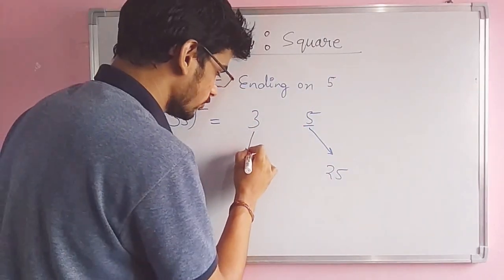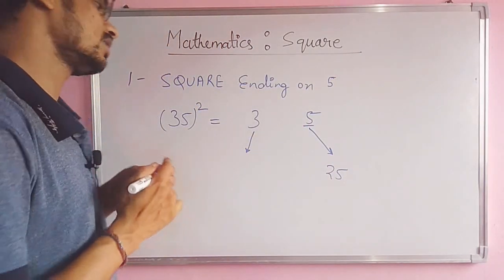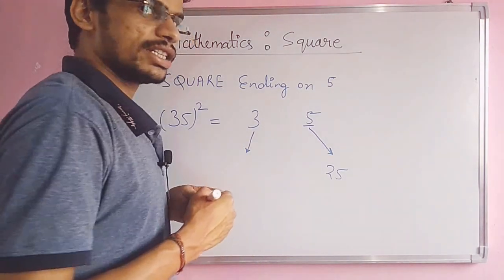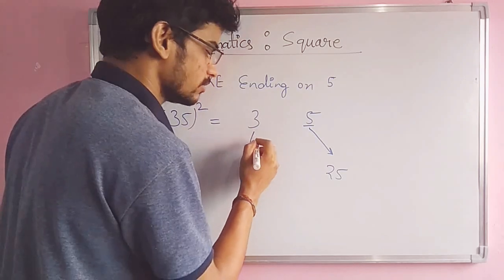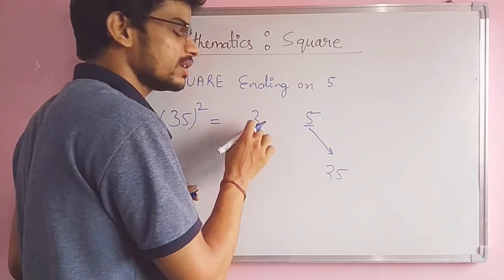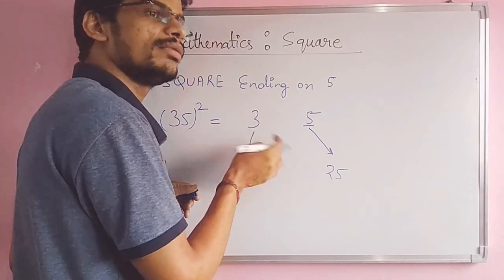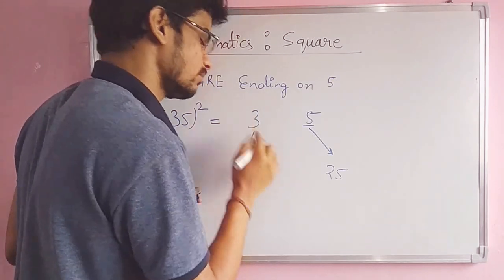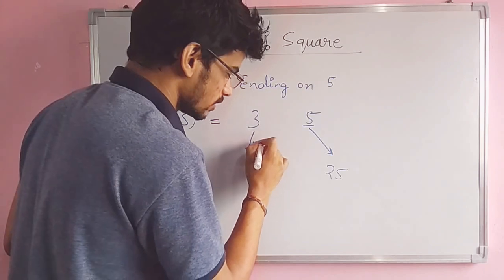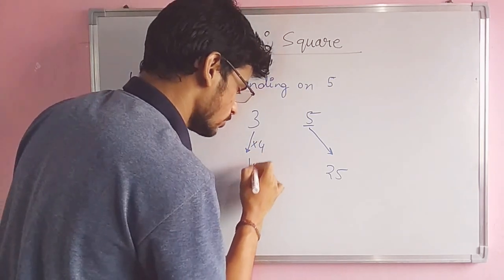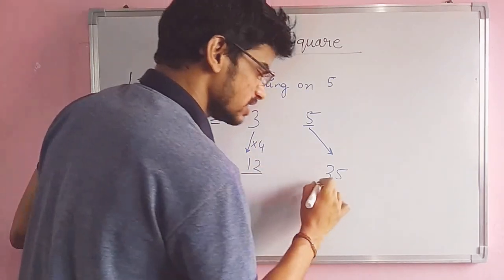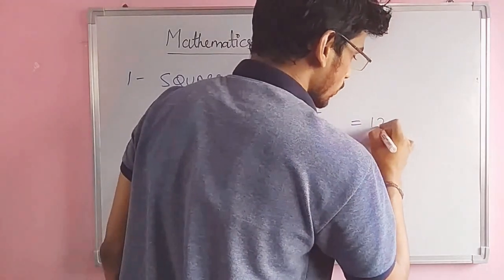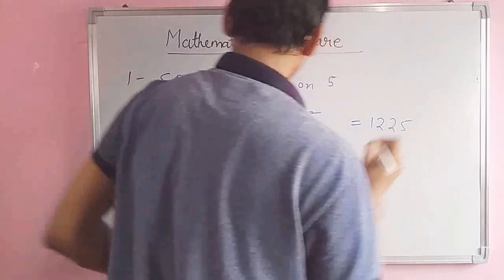And the first digit of the given number, we multiply by its successor. In the given number we add 1 to get the successor, that means we multiply 3 by 4, that is 12. Combine the values, so we get the square of 35, that is 1225.